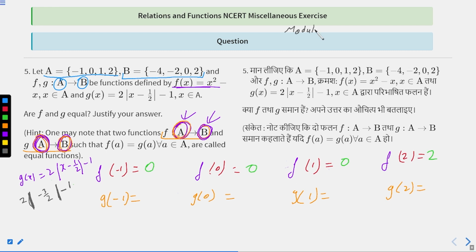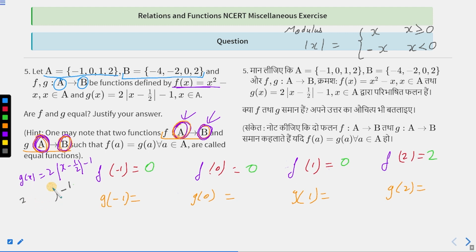The modulus function equals x whenever x is 0 or greater than 0, and minus x whenever x is less than 0. As you can see, x over here is less than 0, so we will write minus of minus 3 by 2.